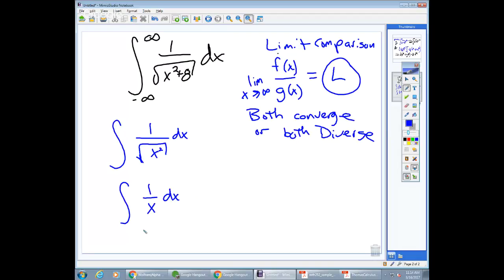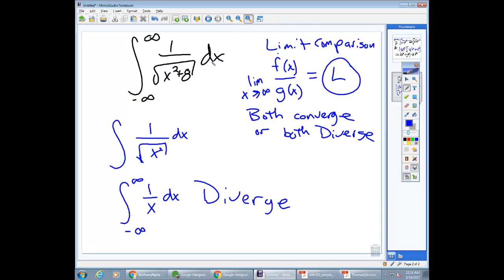And what does this do right here? Does it converge or diverge? Yeah, for 1 infinity, it diverges. For 2, it's definitely going to diverge. Yeah, so this diverges. So now if I can show that the limit of their quotient is constant, then I can show that this black one has to diverge too.